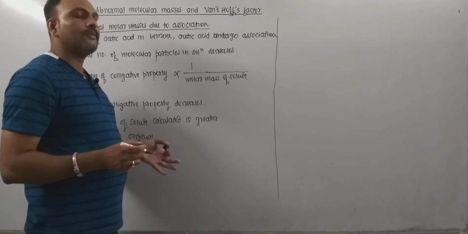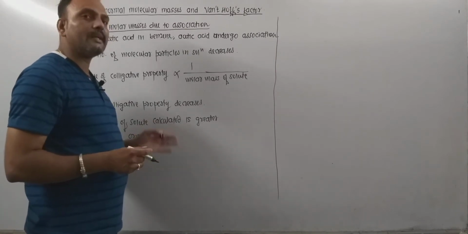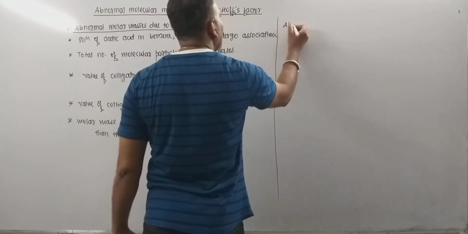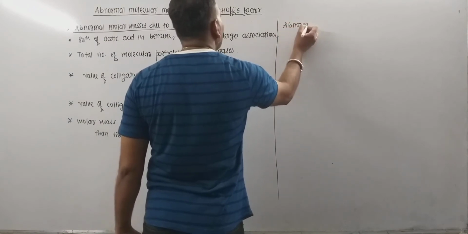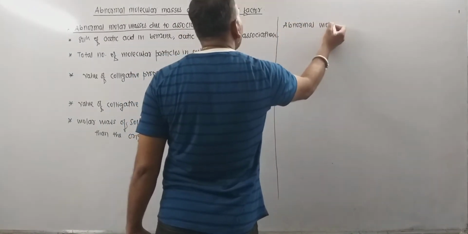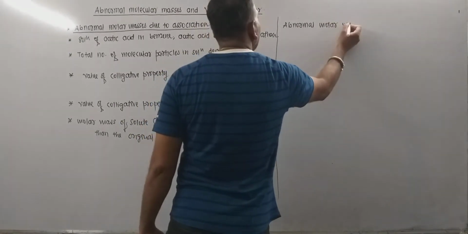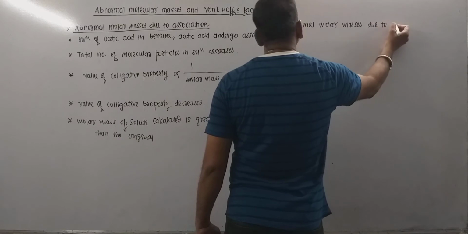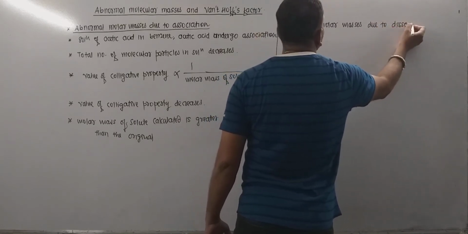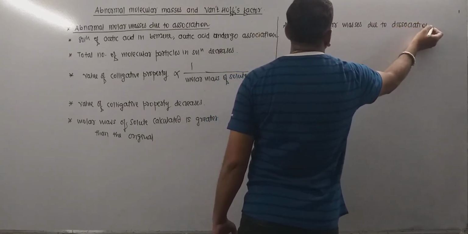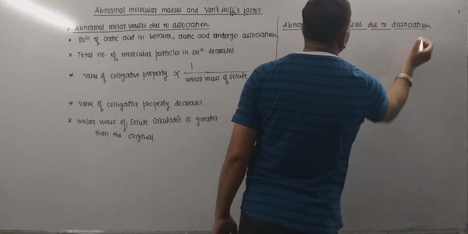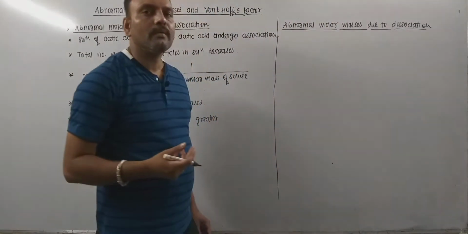Now let us consider a solution in which solute undergoes dissociation. So another thing is abnormal molecular or molar masses due to dissociation. Now consider a solute in a solution undergoing dissociation.